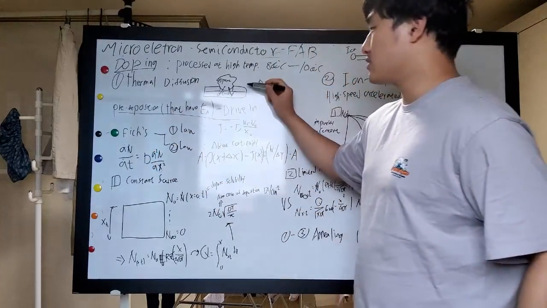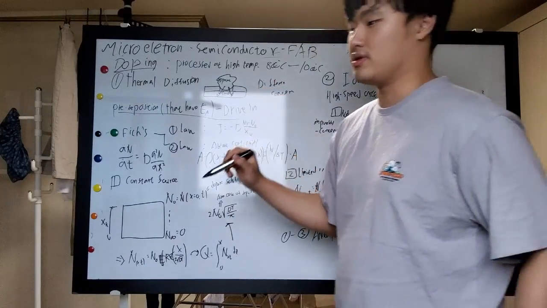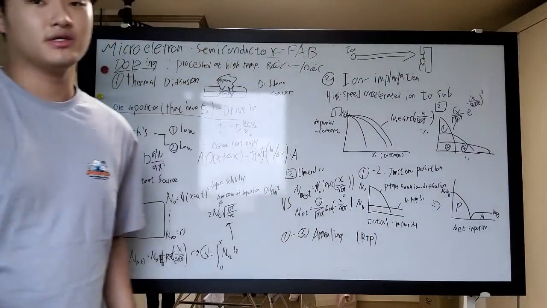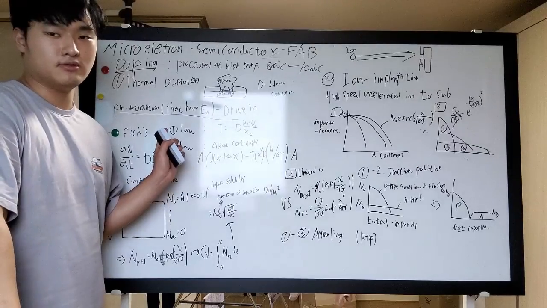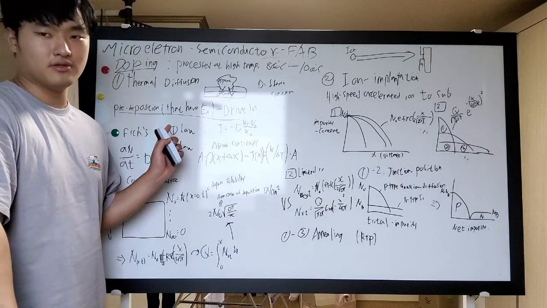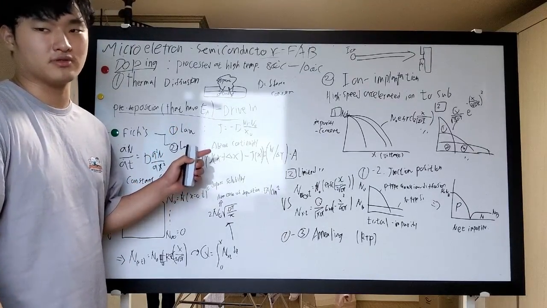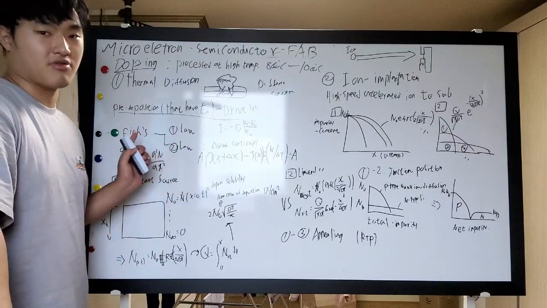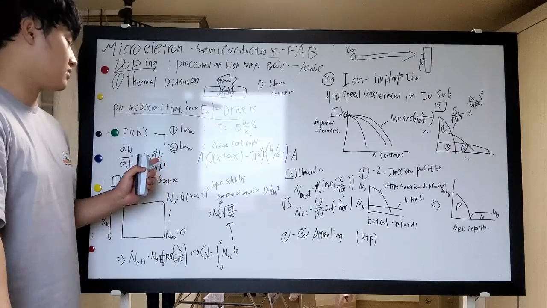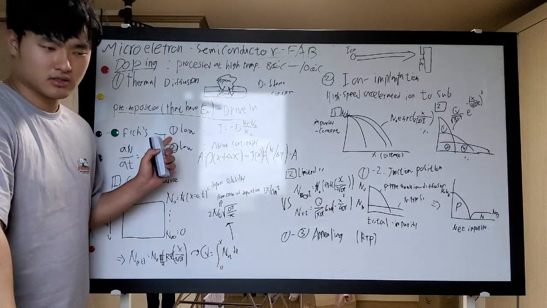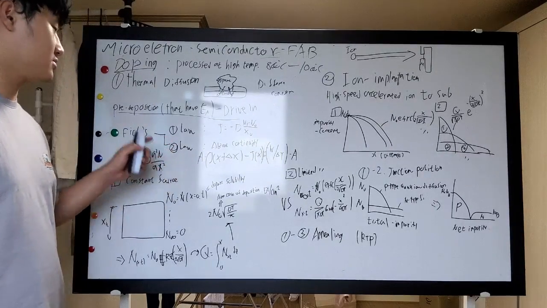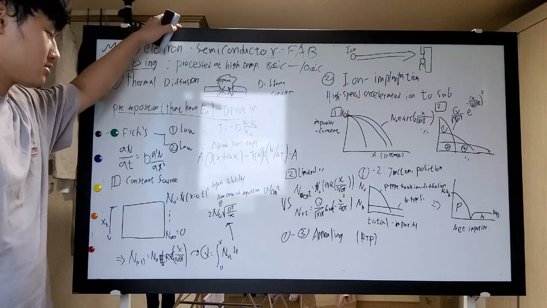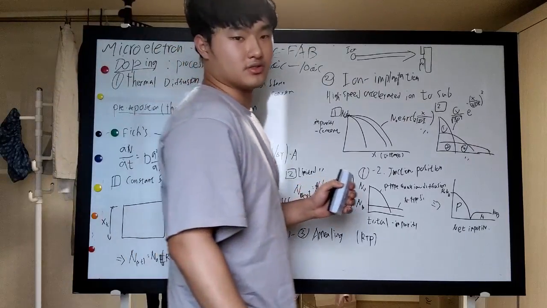So when using the thermal diffusion, there is one important rule. It will be Fick's law. Well, first, it is somewhat related to the diffusion law that we talked about in previous reviews about the oxidation, and secondly, the fifth law about the continuity equations.